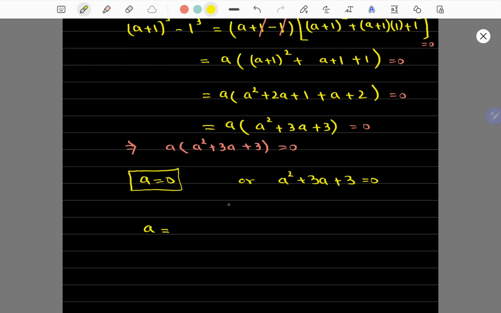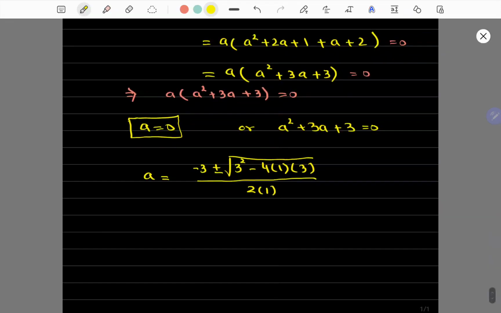So a will be equal to (-3 plus minus the square root of (3^2 - 4 times 1 times 3)) divided by 2 times 1.